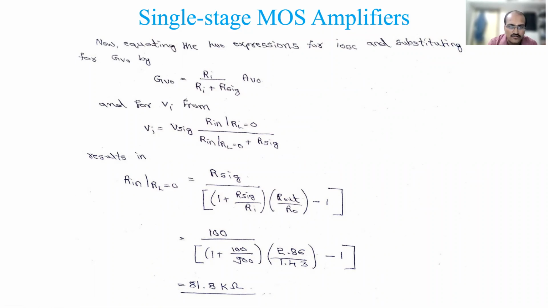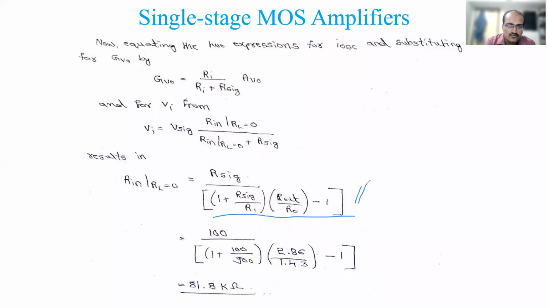When you derive this, with the two IOSC equations, GVO, VI, all these relations, if you club them, you'll get Rin when RL equals 0 as a new relation: R signal by 1 plus R signal by RI, R out by R naught minus 1. Now this is completely the mathematical part. I somewhere missed doing it for you, but you can understand and do it.